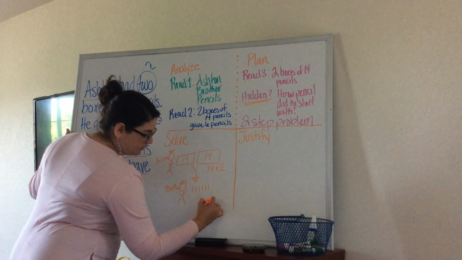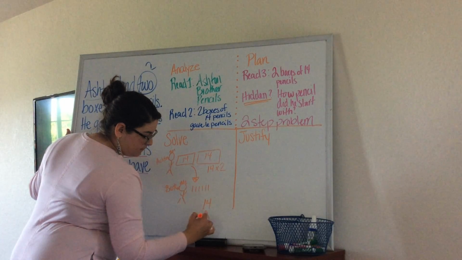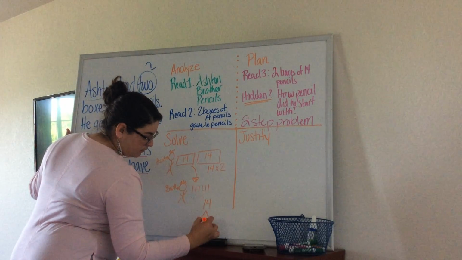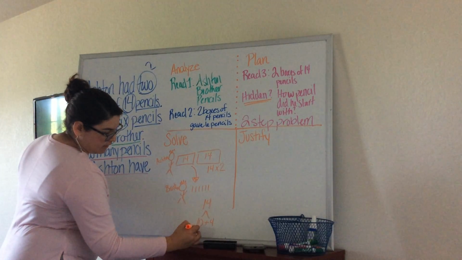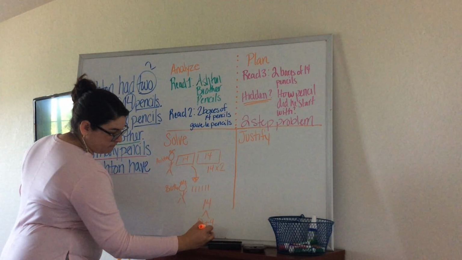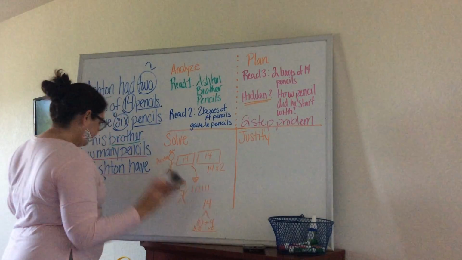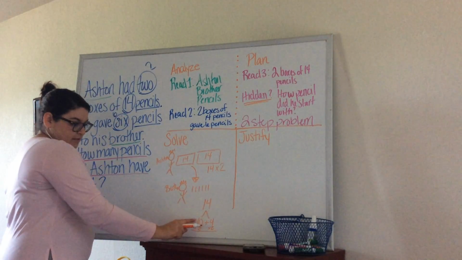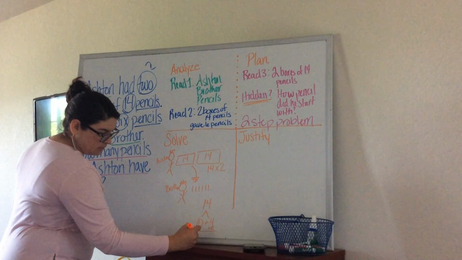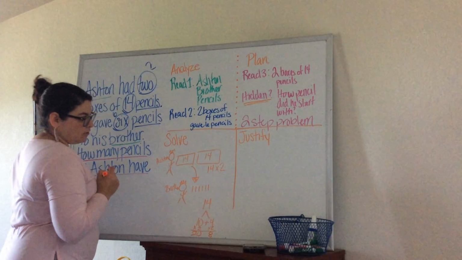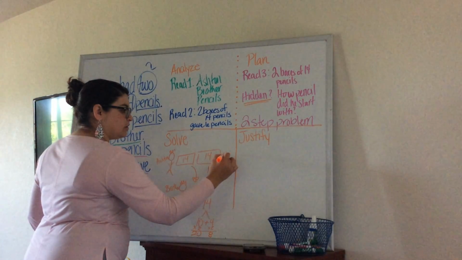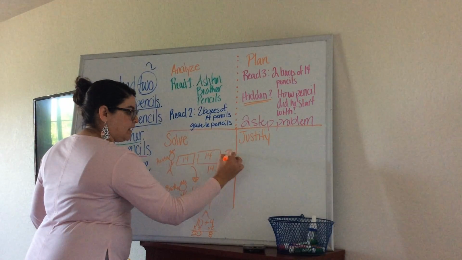So let's come down here. 14, I'm going to break it up into 10 plus 4. All right, and let's times this by 2. Well, I know my math facts, and I know that 10 times 2 is 20, and 4 times 2 is 8. So we can say that Ashton started with 28 pencils.